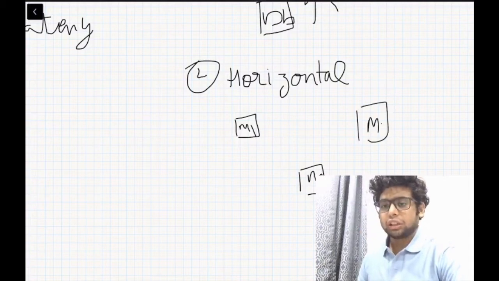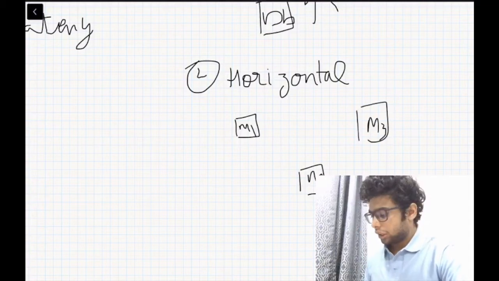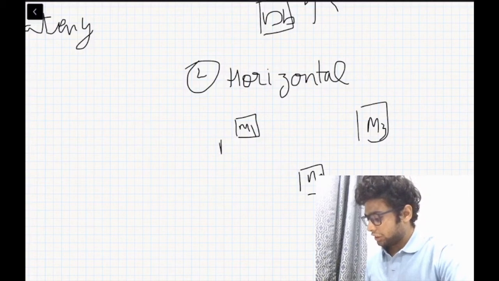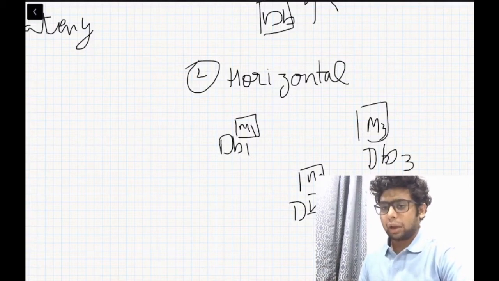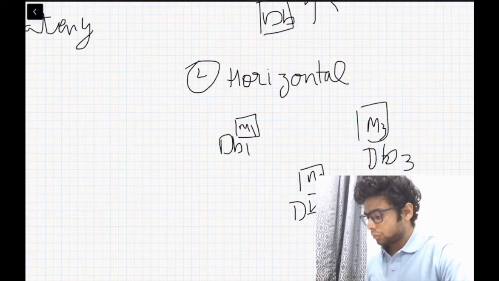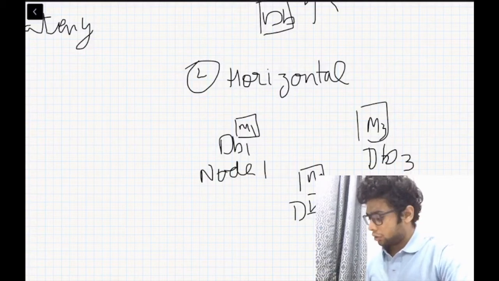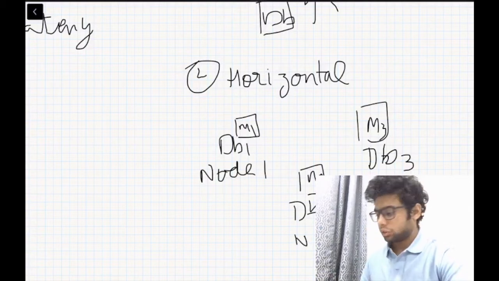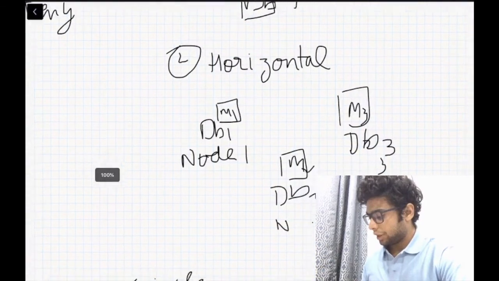All these machines run the same software of our database. So this is DB1, this is DB2, this is DB3, and they are interconnected by a network. Each of these machines is known as a node. So this can also be shown as node 1, node 2, and node 3, and so on. And as mentioned, they are connected by the internet.